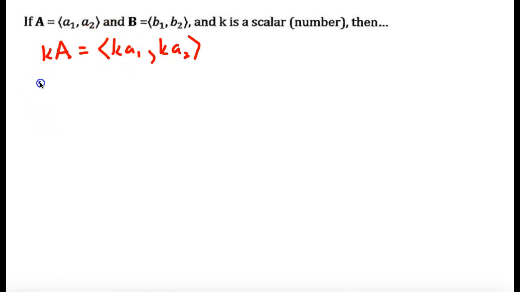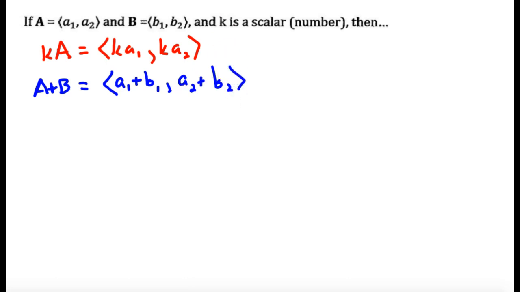If I want to add two vectors together, if I want to add a plus b, all I'm going to do is add the two x components together, so a1 plus b1, and then add the two y components together, so a2 plus b2.